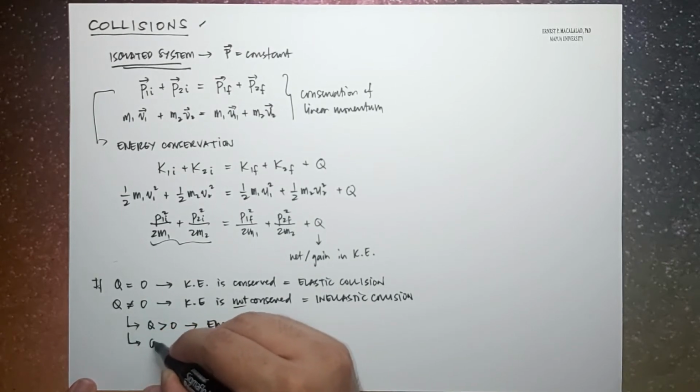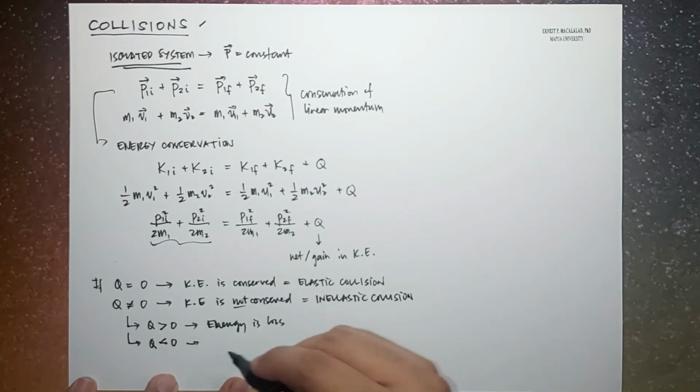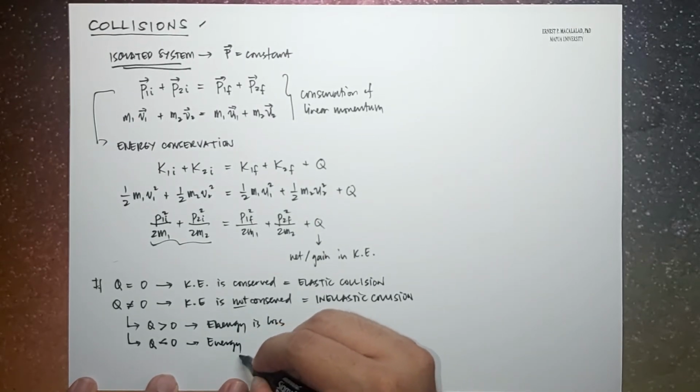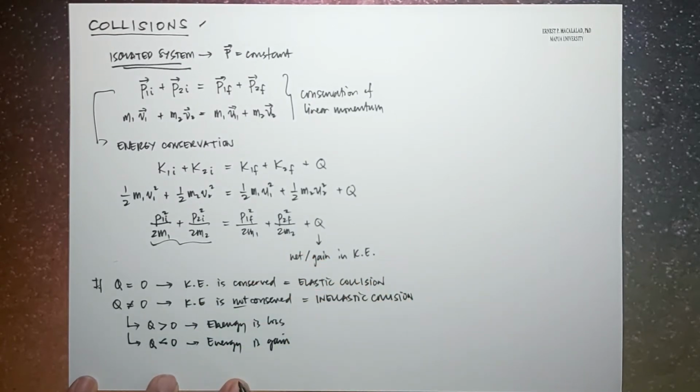On the other hand, if Q is negative, the energy is gained. So that means the total energy after collision is greater than the total kinetic energy before collision.